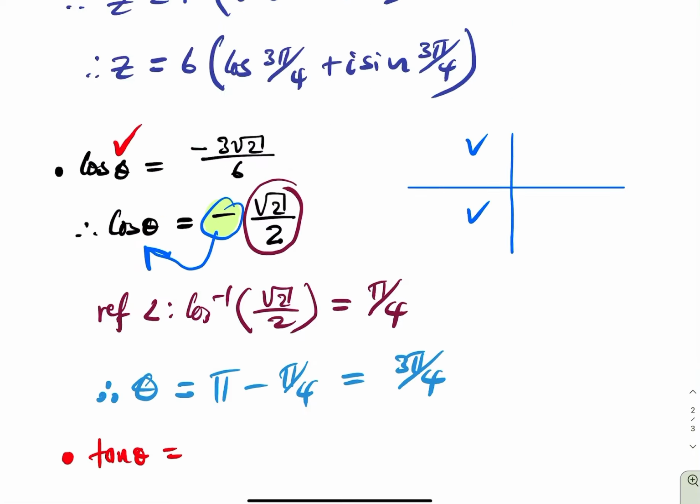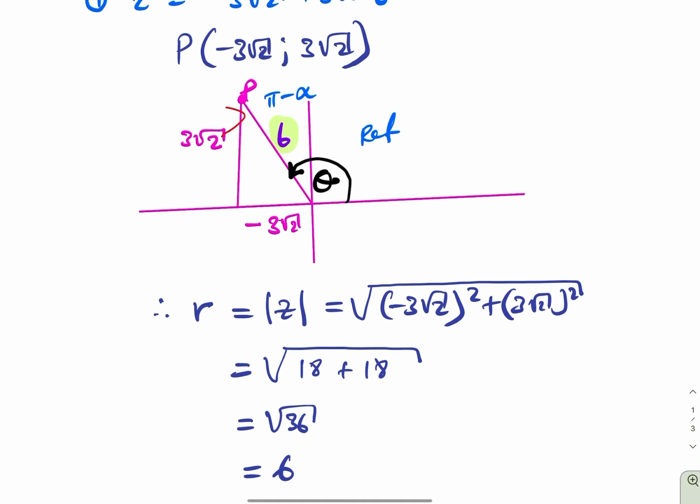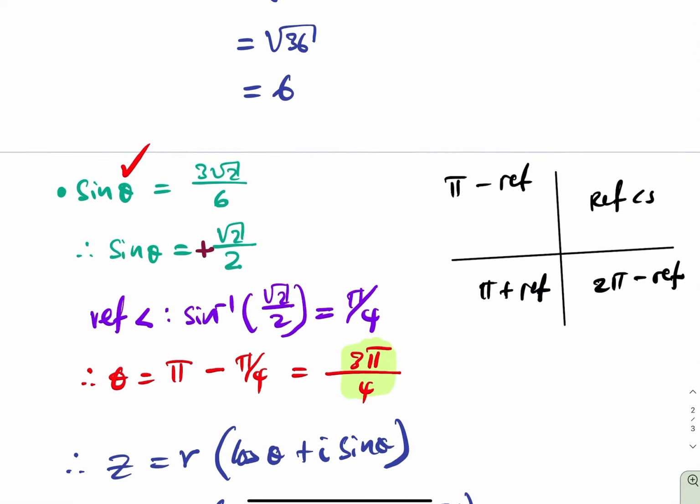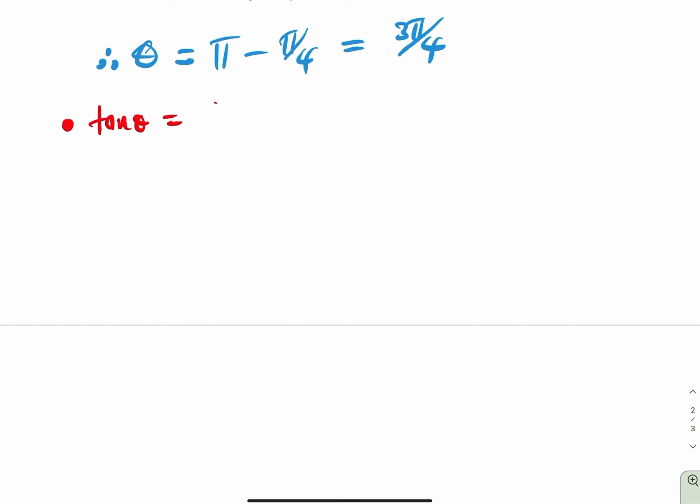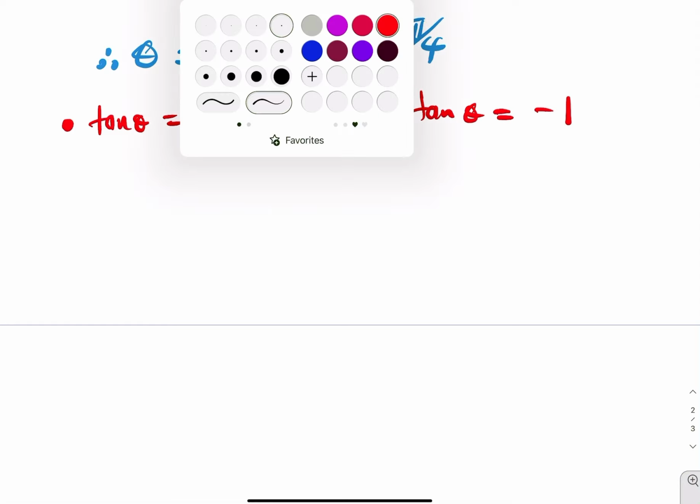So the opposite, you look at your diagram, was this situation over this situation. So it's primarily 3 root 2 over negative 3 root 2, which implies that you're going to get a tangent of theta equaling negative 1.